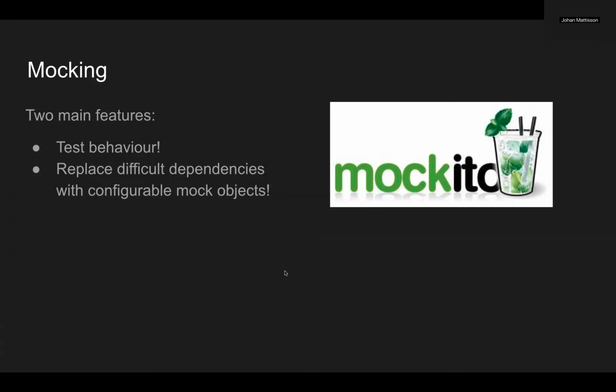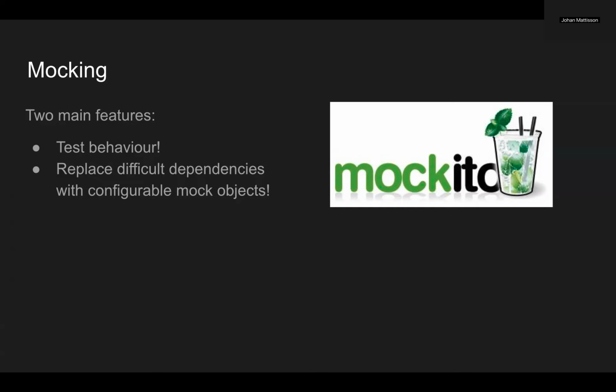All right. So, mocking. We're going to take a look at how to solve this by mocking. I have the hello world example as my mocking example. You can do a couple of things with mocking.